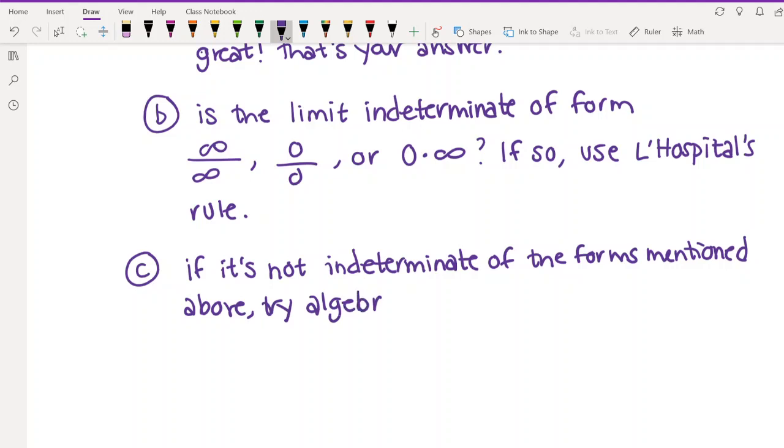As I just mentioned, there are a lot of situations where you use algebraic simplification that you could also use L'Hopital's rule for. But there are some exceptions. For example, we had some examples where you had to make a common denominator. That would be like number 3G on this review. That would be one where it's not an indeterminate of any of these forms, so you have to make a common denominator.